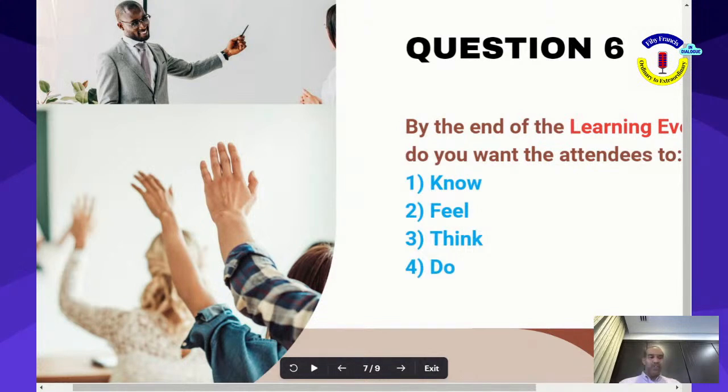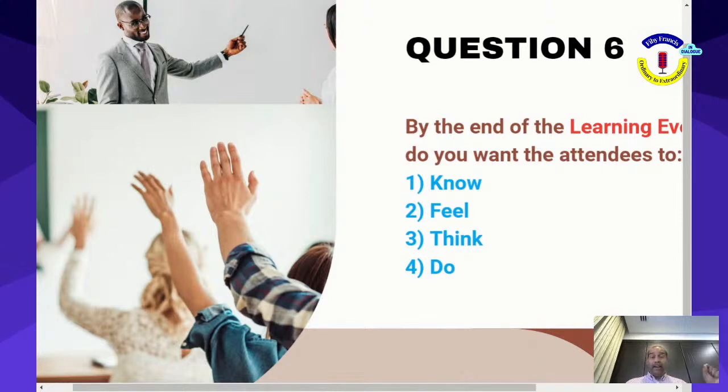Now, question number 6. By end of the learning event, what do you want the attendees to know, feel, think, and do? Sometimes we do the learning event, but we don't focus on what the participants need to know.